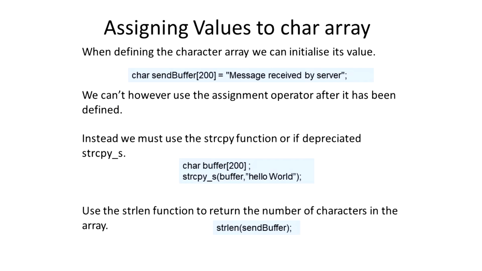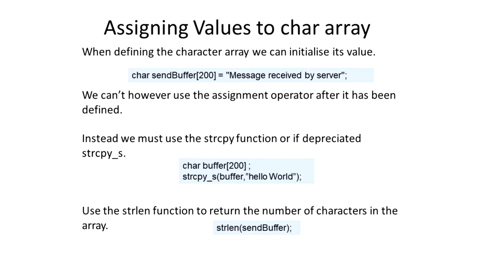Just before we finish up this section on TCP and move on to UDP, let's just say a little bit more about some string functions that we can make use of, because there are lots of different functions out there which can manipulate strings and format strings. And we can make use of one of these string functions to get around the problem that we have with using char arrays.